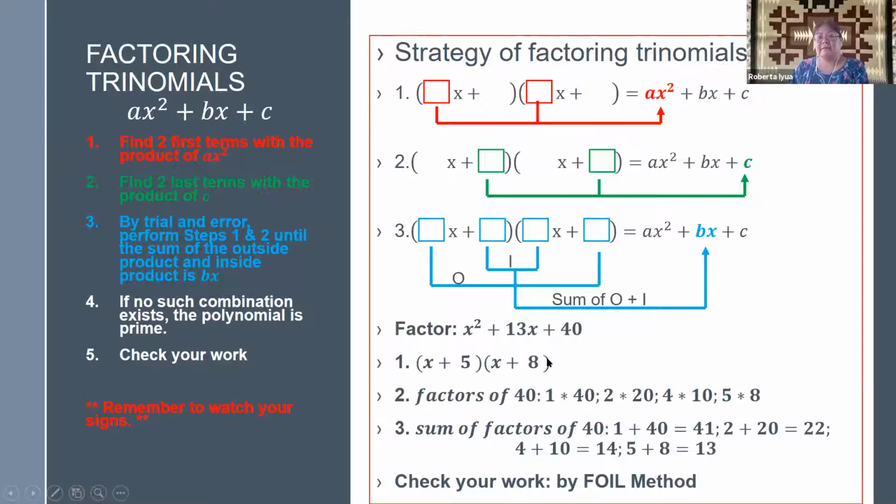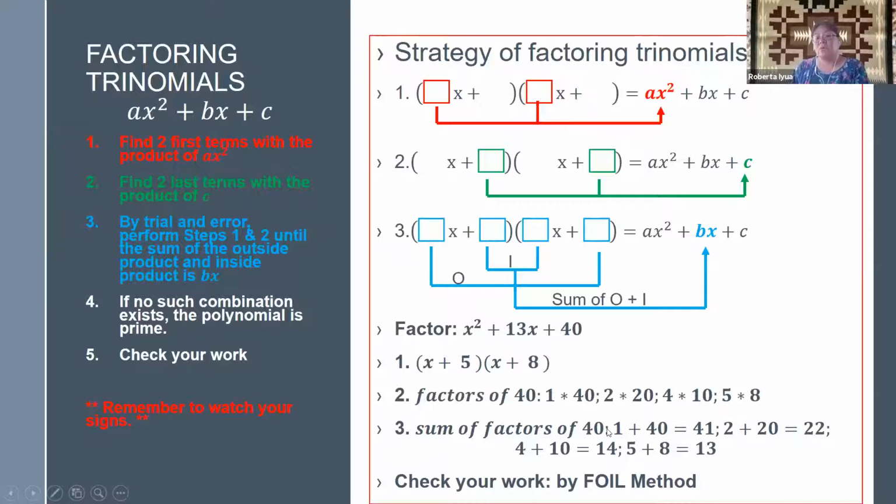And the second, I got the factors of 40, which is 1 times 40, 2 times 20, 4 times 10, and 5 times 8, which are my factors of 40. Then I added the factors of 40 together.